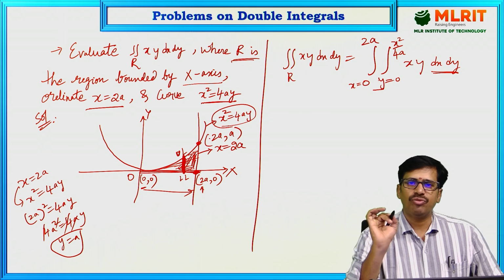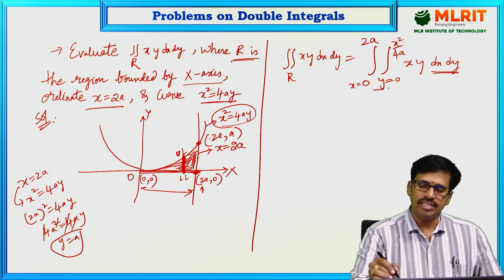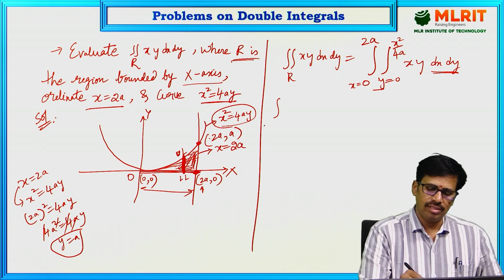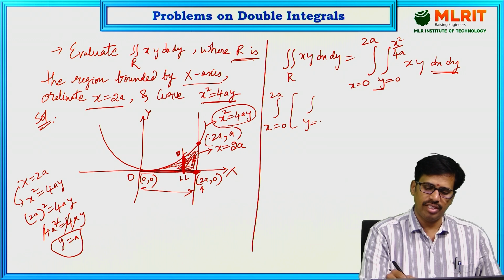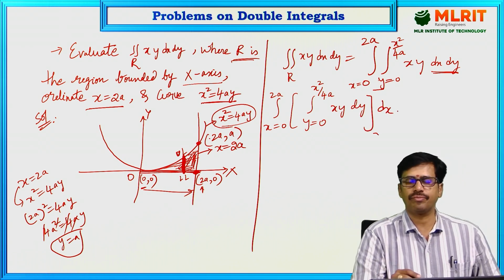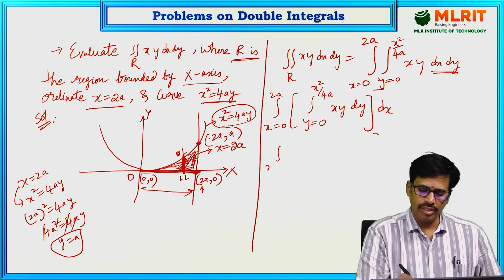See limits for x and y. Y is in terms of x and x is constant. So let us integrate with respect to x last. Let us first integrate with respect to y. So y is equal to 0 to x square by 4a, xy dy, then dx. So x equal to 0 to 2a.